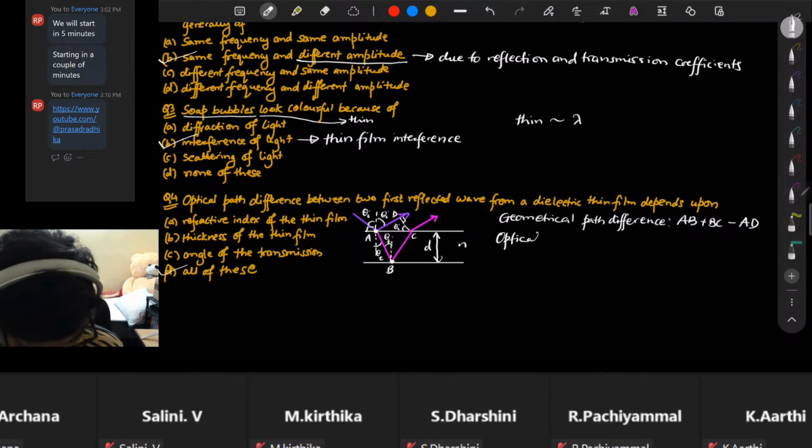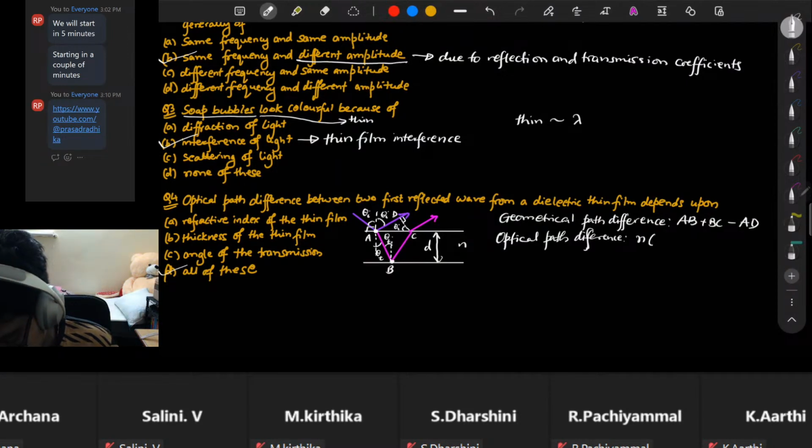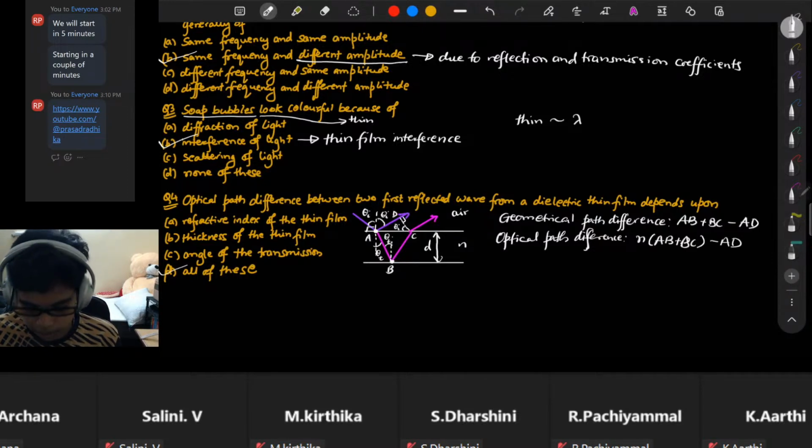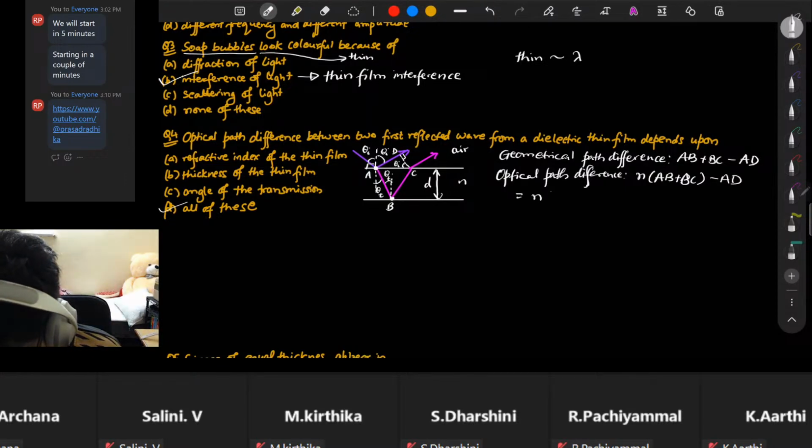The optical path difference would then be N, which is the refractive index, times AB plus BC, minus AD, given that this medium is air. So this is air and this is some refractive index N. So the optical path difference would then be N times 2AB minus AD, because AB and BC are the same.